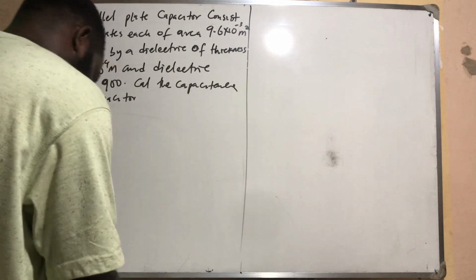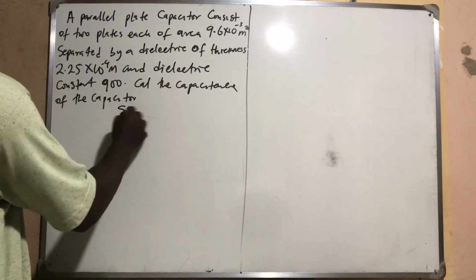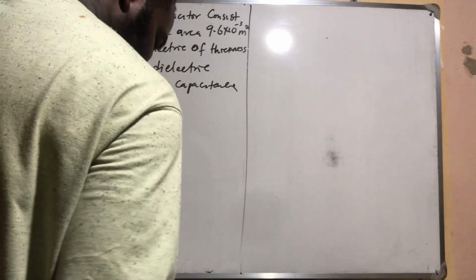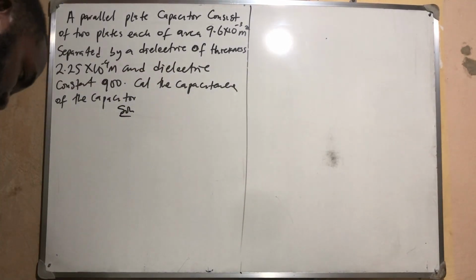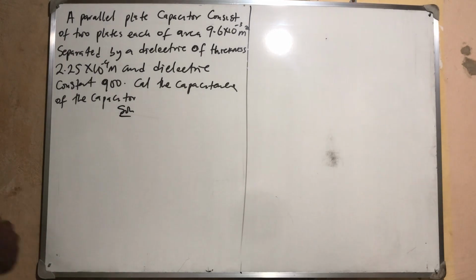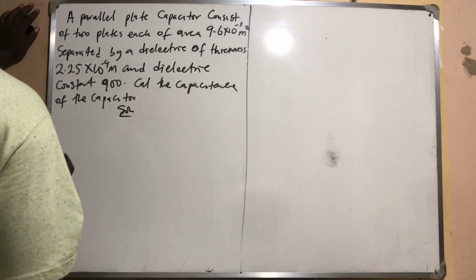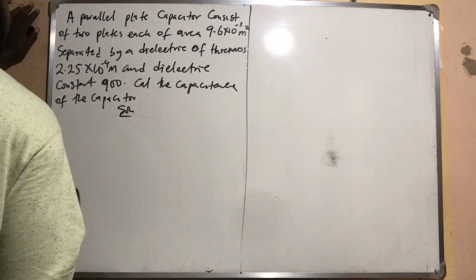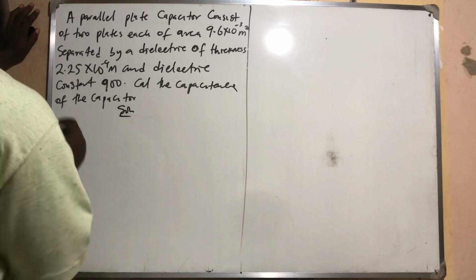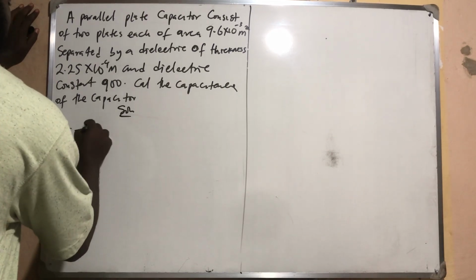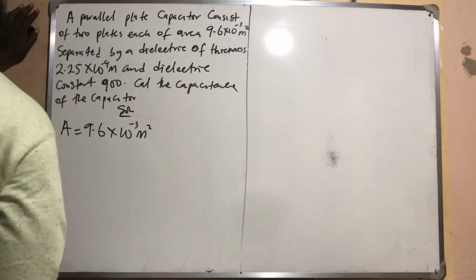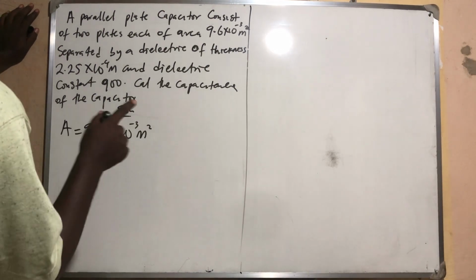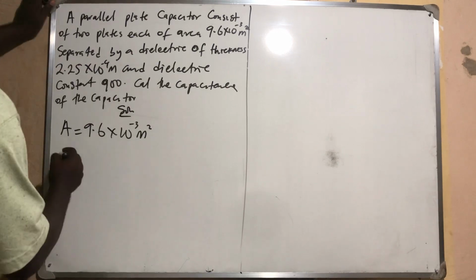All right. So solution. We're coming to that. What did they give us? We have area. They gave us the area as 9.6 times 10 raised power minus 3 meters squared. Okay, and they gave us that the thickness, that is the distance apart, is the thickness.